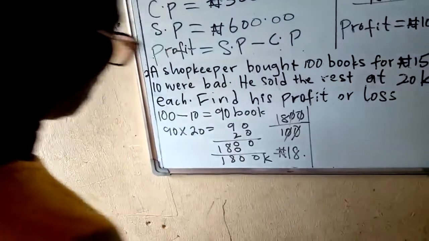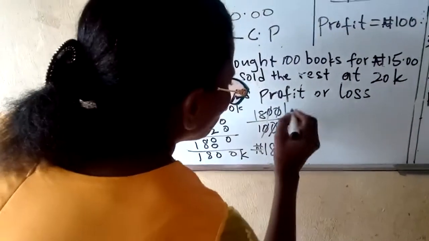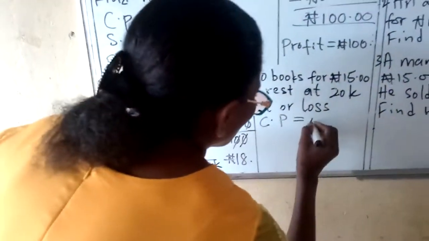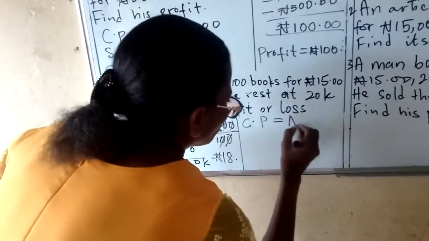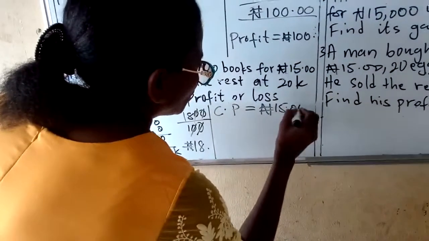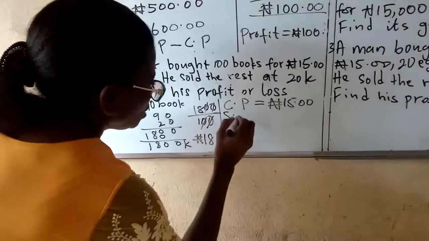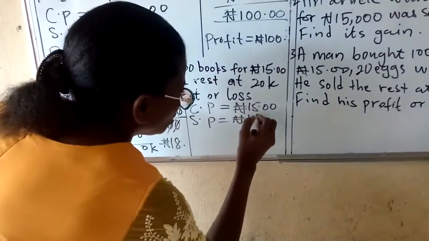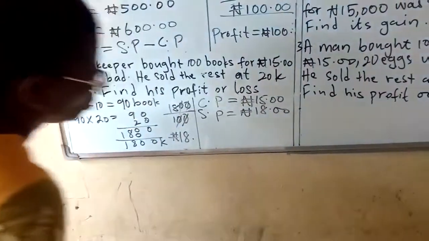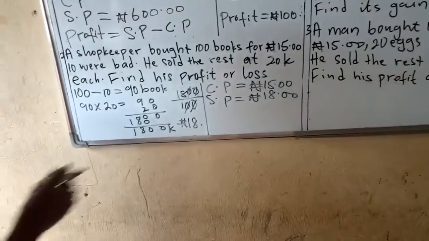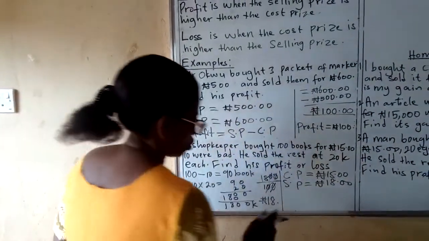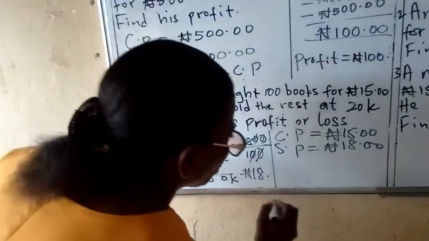Okay, now let's work it out. You can now see CP equal to 15 naira, SP equal to 18 naira. So when you look at the figures, you can see he made some profit because this is 18 against 15. So let's work it out.